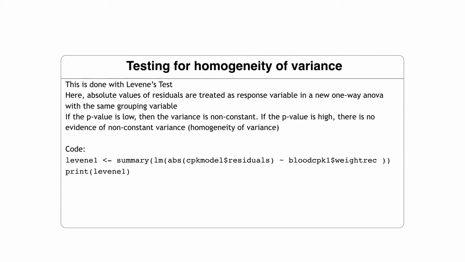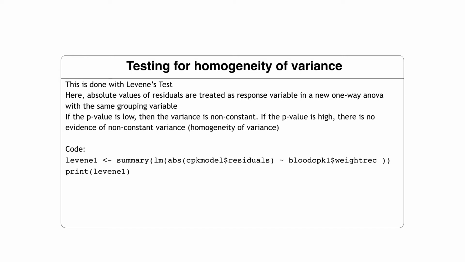You treat them as response variables, or outcome variables, in a new regression or a new one-way ANOVA, and you have the same grouping variable. So in this particular case, we'll be taking the residuals of the regression equation that arose from the ANOVA initially, and the explanatory variable still remains the weight with its 3 categories.